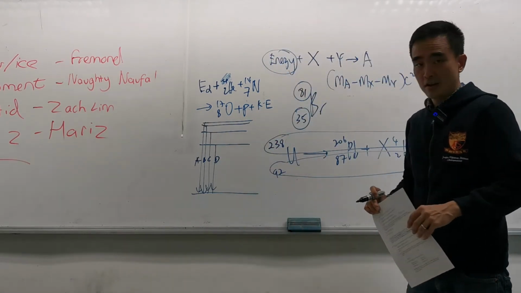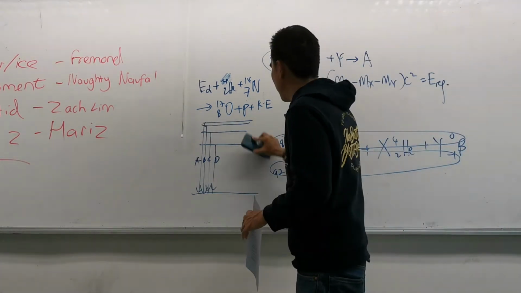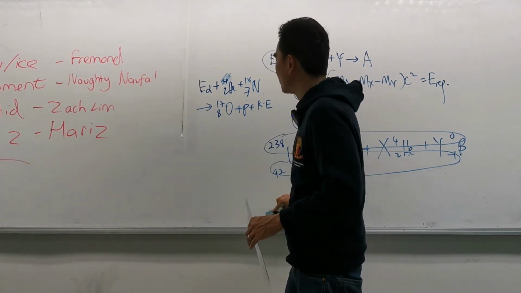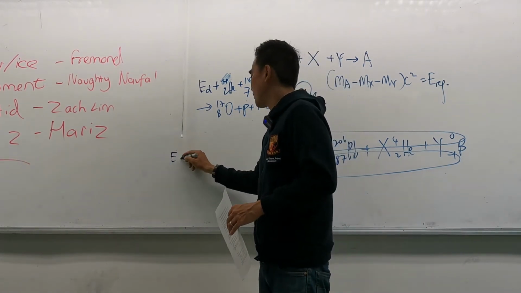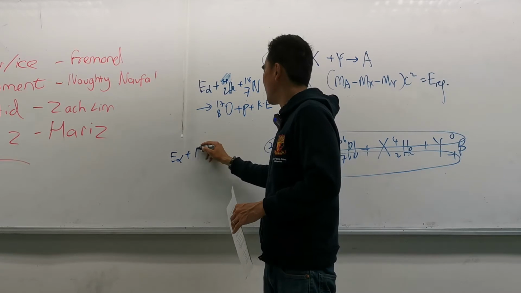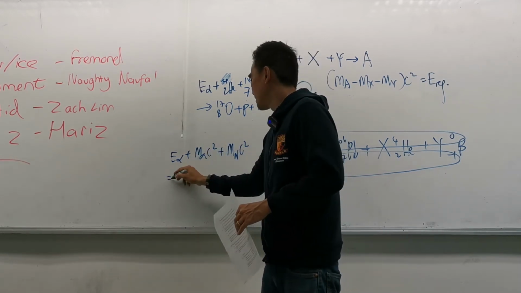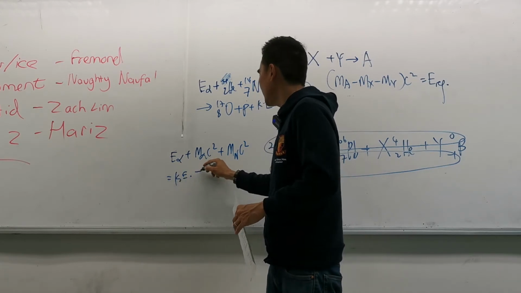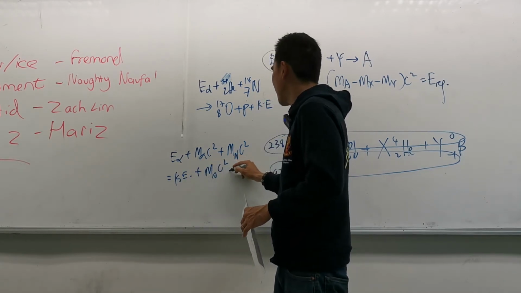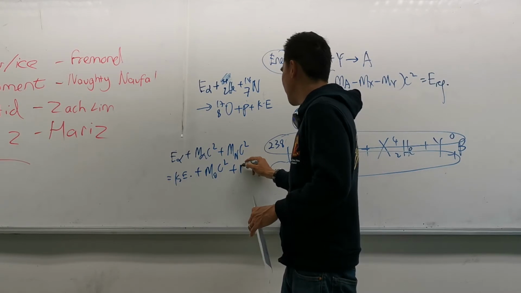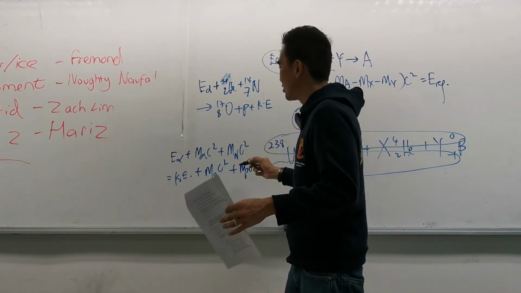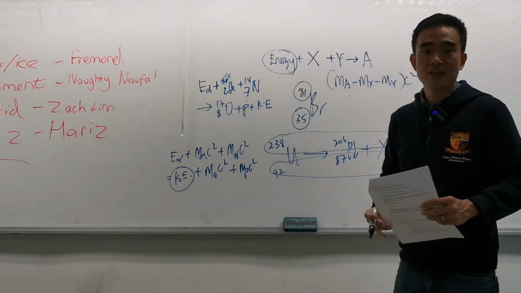What you should do is take the energy of alpha and convert everything to energy. So energy of alpha plus mass of alpha c squared plus mass of nitrogen c squared is equal to KE plus mass of oxygen c squared plus mass of proton c squared, and then you can find this one, given the mass of everything else.